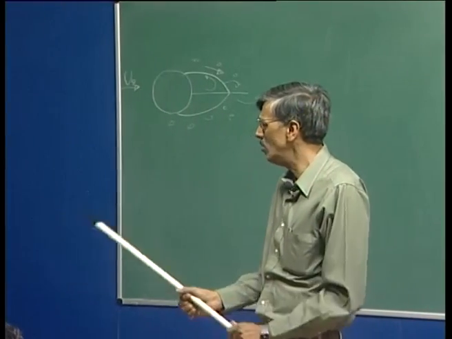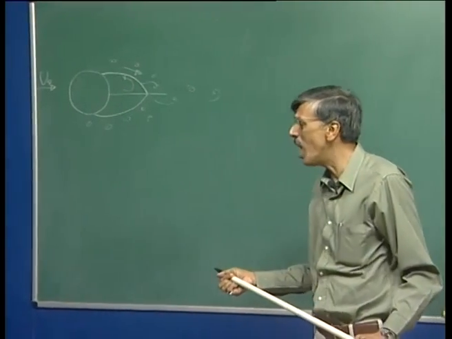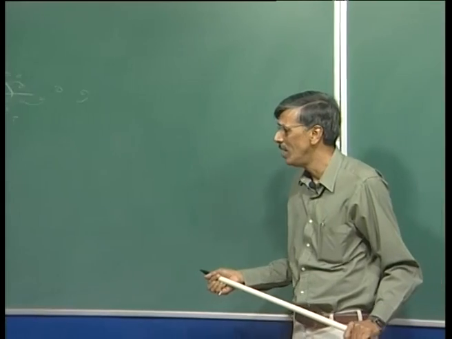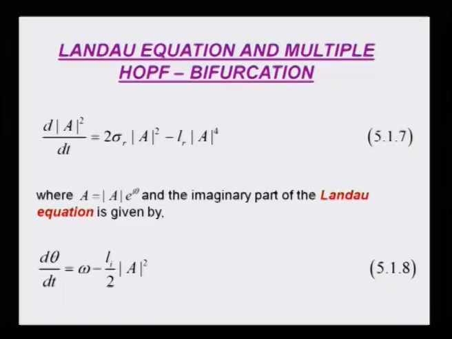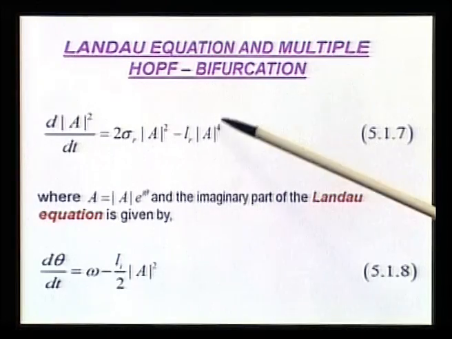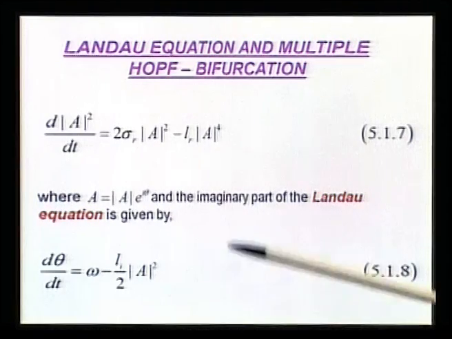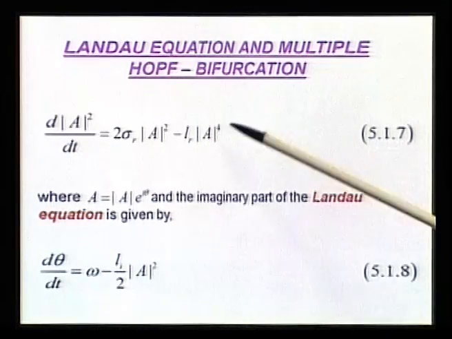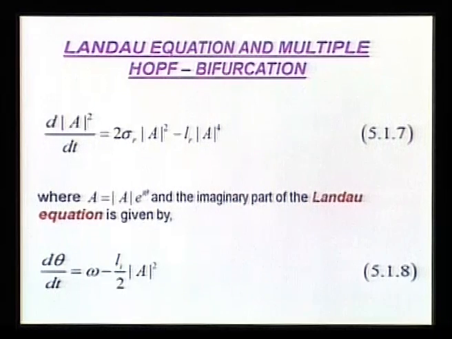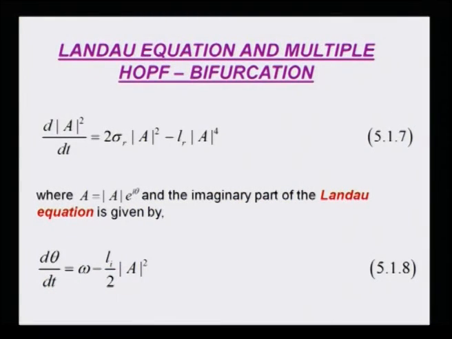Now, when you do have Kármán vortex shedding, to explain that, in the last class we talked about the development of the Landau equation, and this was the evolution equation for the amplitude, and this is the evolution equation for the phase angle.